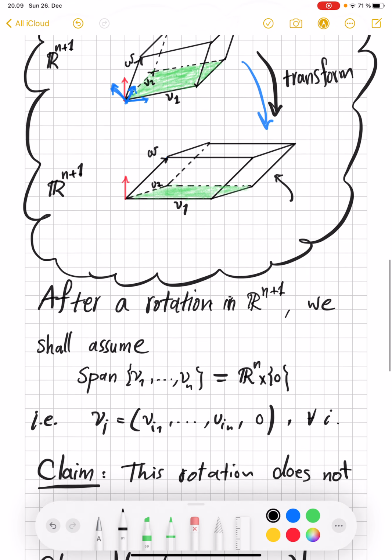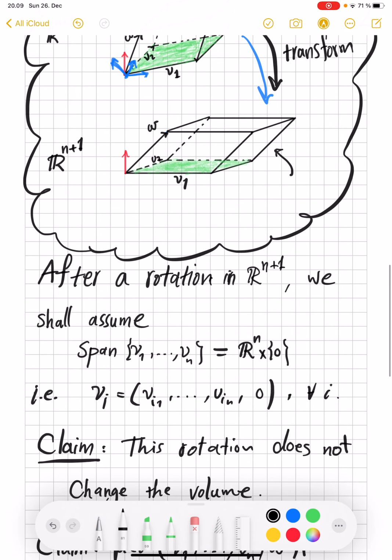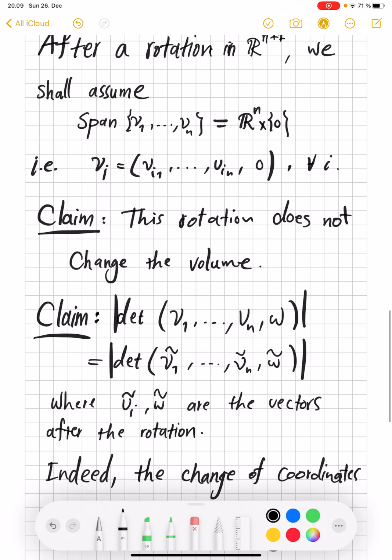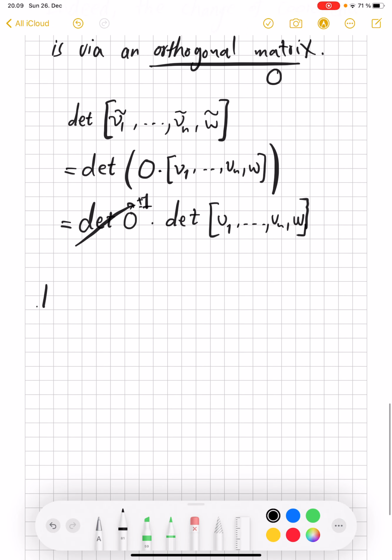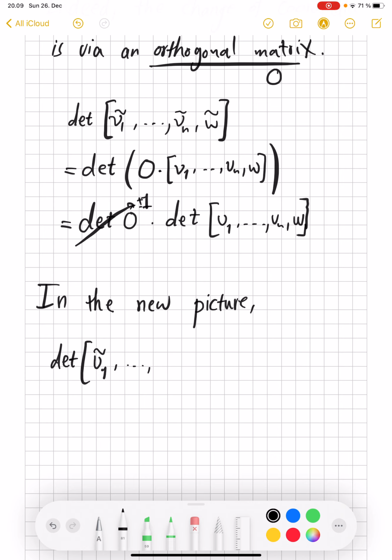That picture makes life so much easier because in the new picture, I have the determinant of v1, ..., vn, w, now with tildes, but let me drop them.